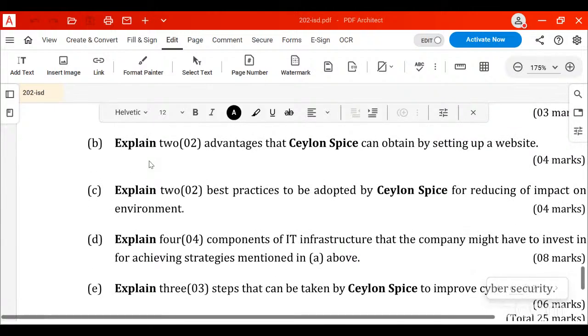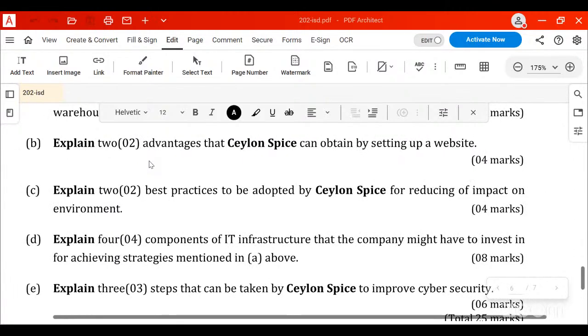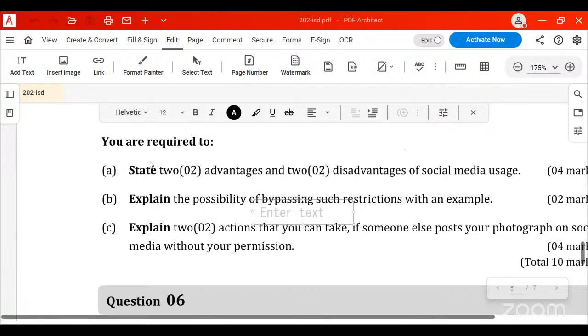Explain two best practices to be adopted by Ceylon Spice for reducing the impact on the environment. What are the best practices? Now they are in spices, right? One is the packaging, environmental impact. They can think about their packaging, right? Adapt into sustainable packaging. Use biodegradable or recyclable materials for packaging. They can reduce waste.